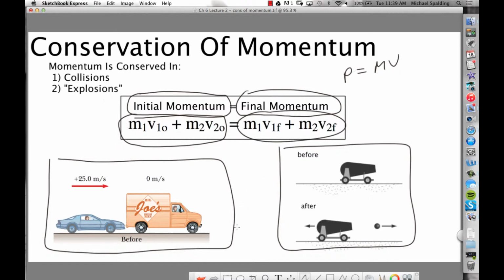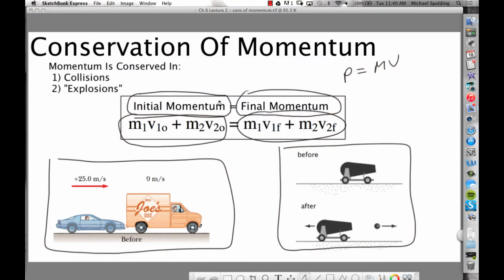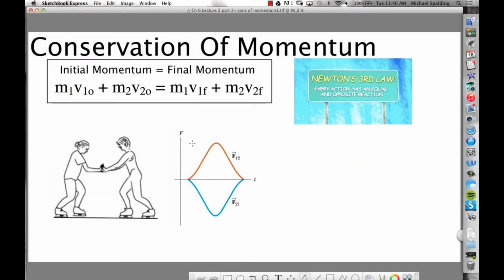Okay. Now what I'd like to do is go through a quick derivation of why this is true, and then we'll do an example. So this pertains to yesterday's lecture. What we have here is, we'll call this guy number 1, this will be guy number 2, and they're exerting a force on each other. It's like an explosion, and they're on a frictionless surface. No friction. We're going to say to the right is plus, to the left is minus.